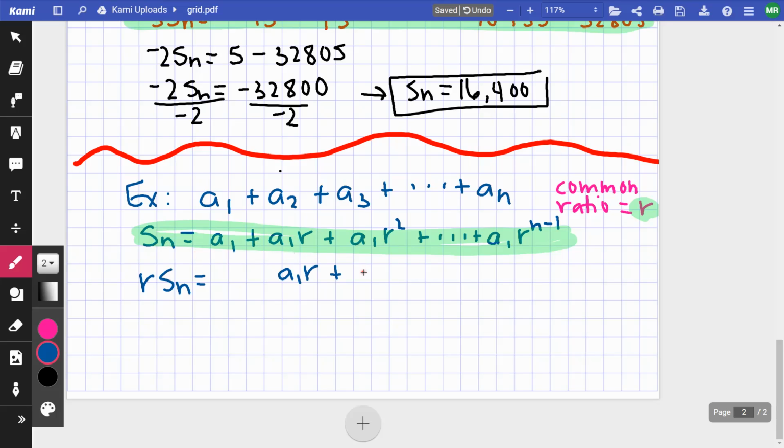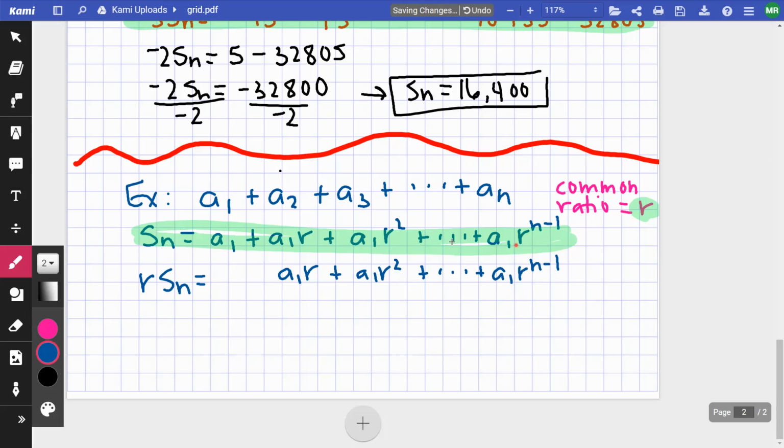So I'm going to write it here. Plus dot, dot, dot. Okay, and I'm going to keep doing that. All of these are going to be lined up. Now this one here, what's going to happen is the term before that would have given me an a sub 1 times r to the n minus 1.